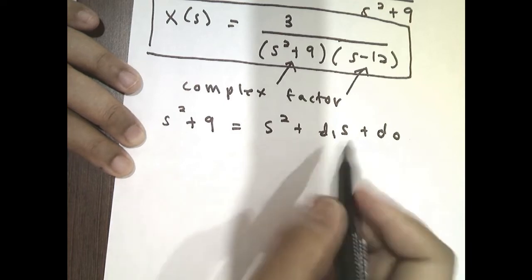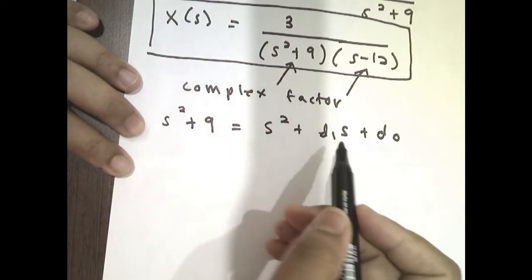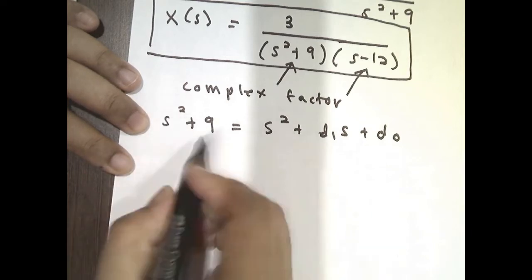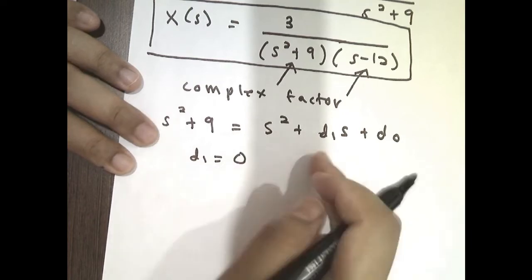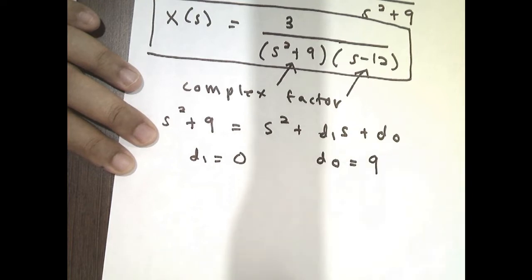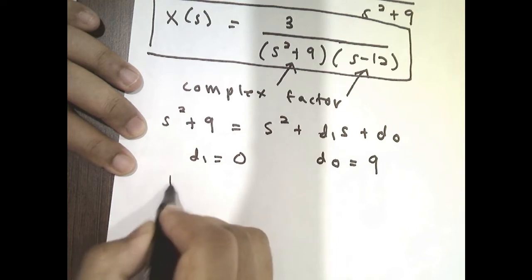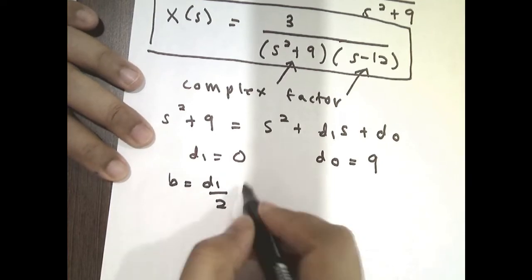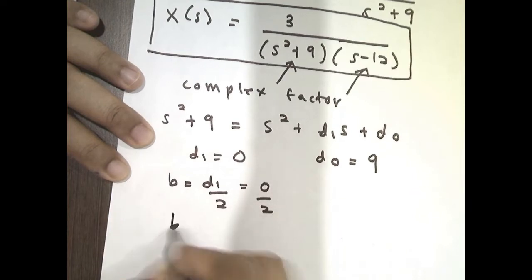If we make the left and right sides similar, we can see that the s squared coefficient is 1, d1 is equal to 0, while d naught is equal to 9. From here we want to generate the complex factor. So b is equal to d1 over 2, the formula from the complex root. Substituting d1, 0 over 2, b equals 0.